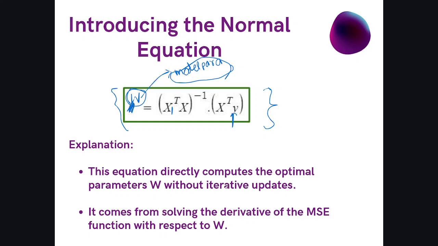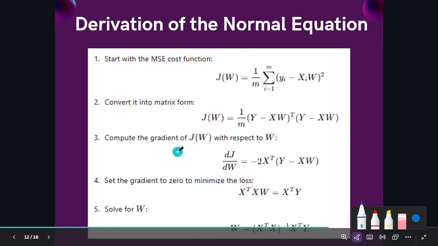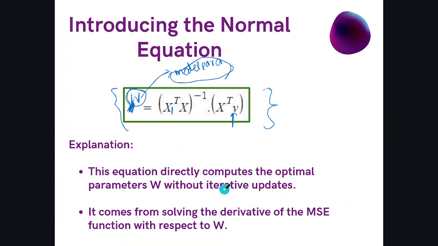Now what are iterative updates? Iterative updates are basically where we iterate things. There is a second method to optimize the model parameter, that is gradient descent. In that we iteratively optimize our model using a learning rate, right?